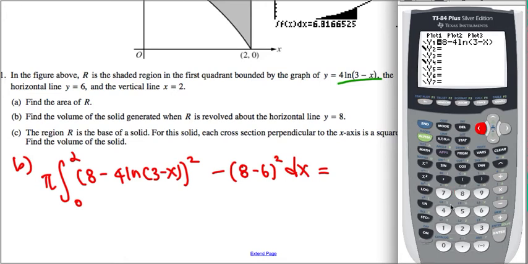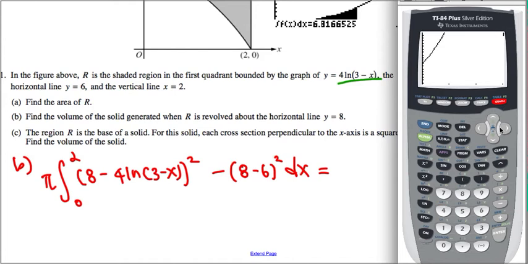And in fact, what I'm going to do is insert parentheses, close, and then square. So I'm doing the first part, minus 8 minus 6 becomes 2 squared, becomes 4. So that's basically what we have. 0 to 2, okay, so everything seems to be okay.